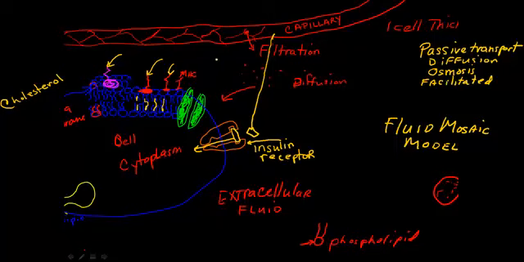Which is using, this is called an integral protein because it passes through both layers of the membrane. So this is an integral protein, and this allows for facilitated diffusion.